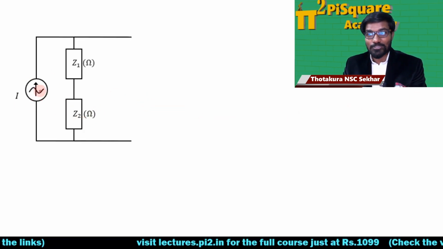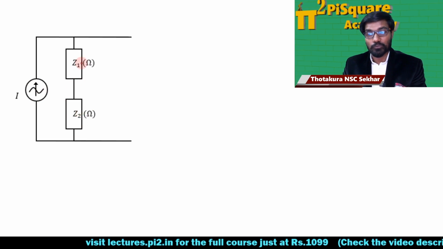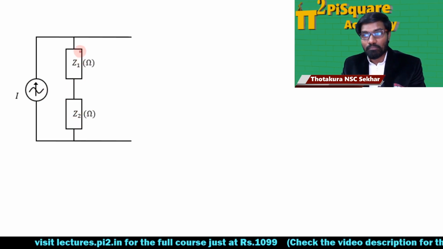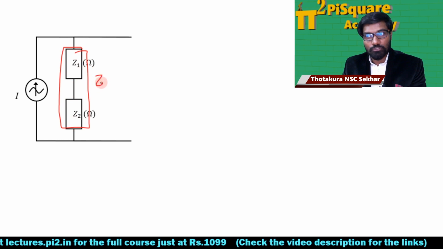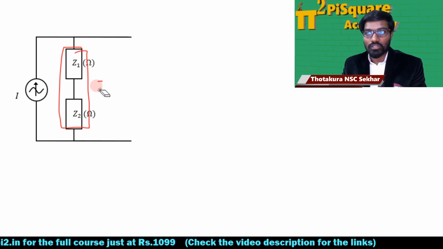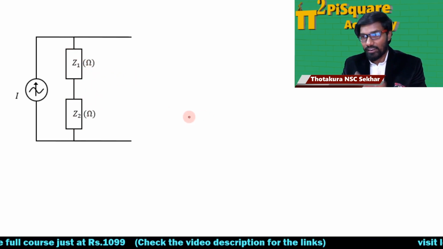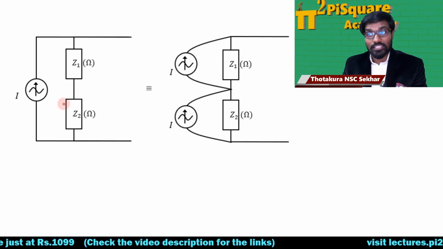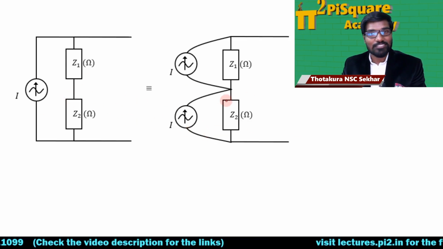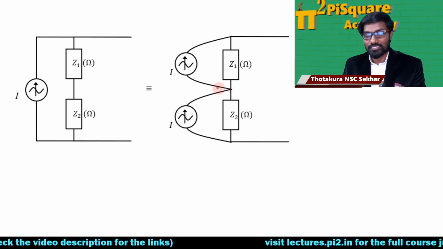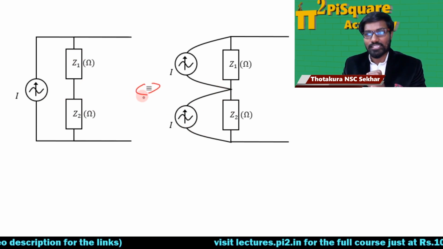Suppose I have a current source in parallel with Z1 and Z2, and I don't want to combine this as Z1 plus Z2. Of course, you can do that, but I don't want to combine this. That's one way. Another way of transforming this source is this. We can transform this into this. Both are exactly the same.